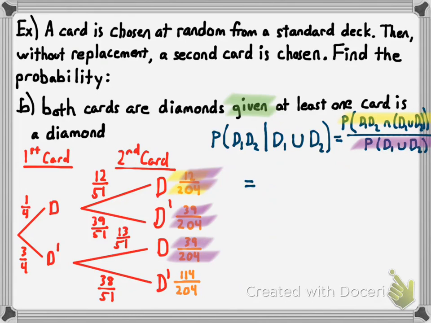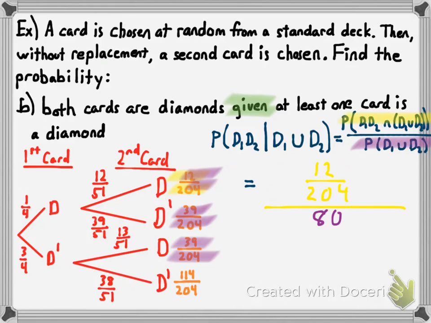Okay, so watch what I'll do with this then. The probability of getting both diamonds was 12 out of 204. The probability of getting at least one diamond was the sum of these three outcomes. 12 plus 39 is 51. 51 plus 39 is 90.